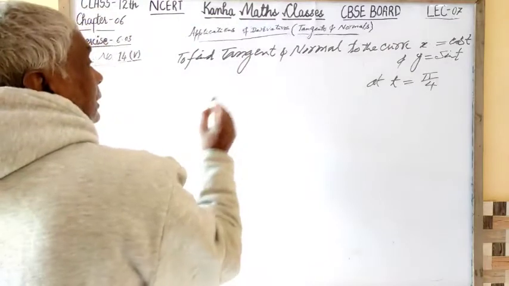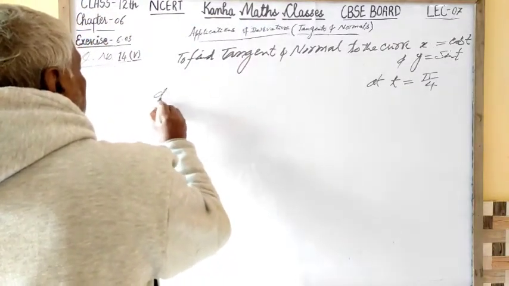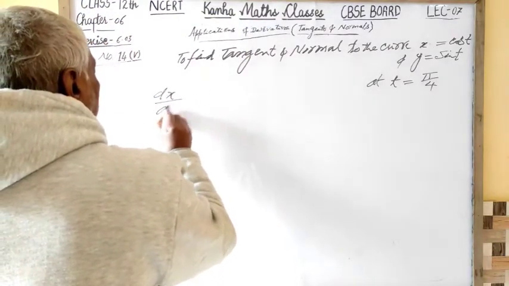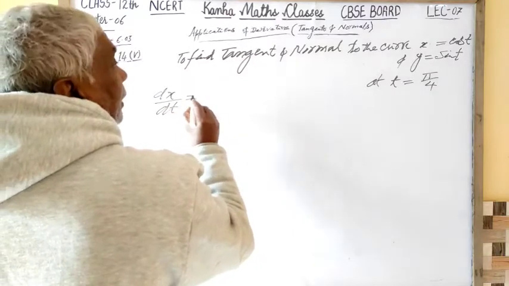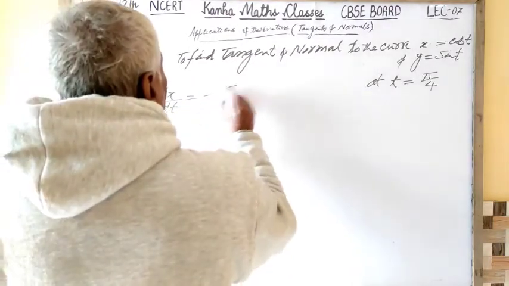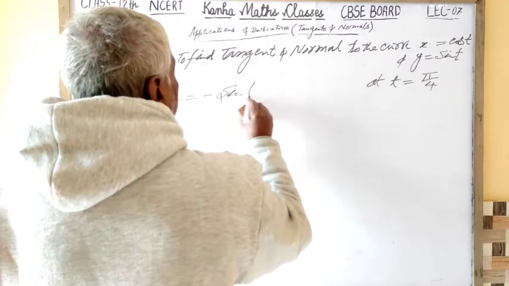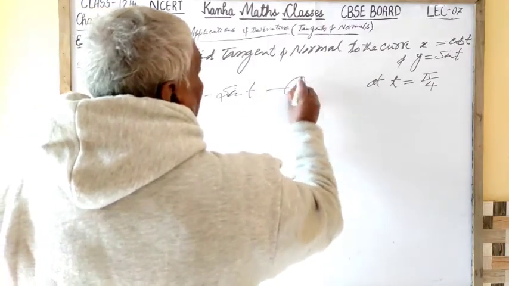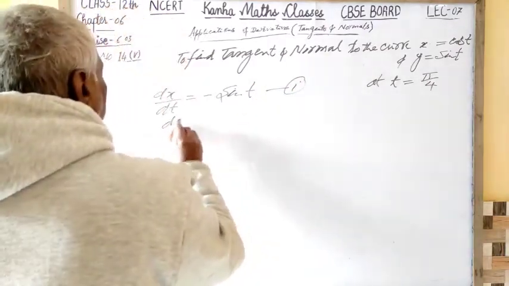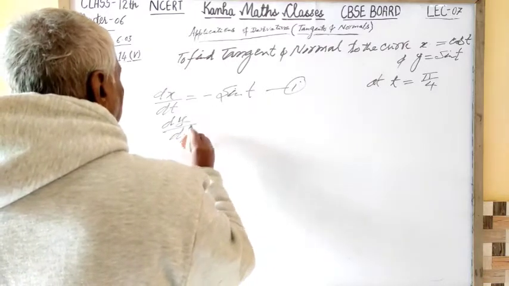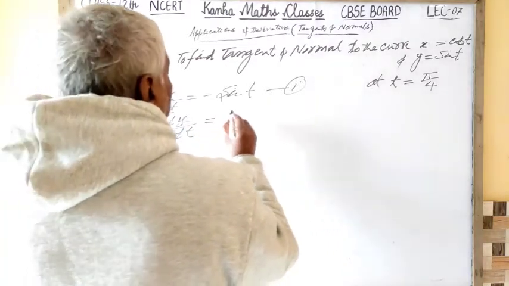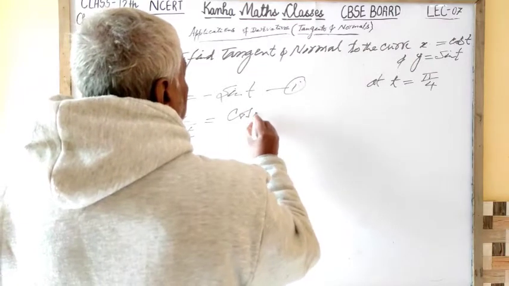Hence dx by dt, cos t means minus sin t, and dy by dt, sin t means cos t.